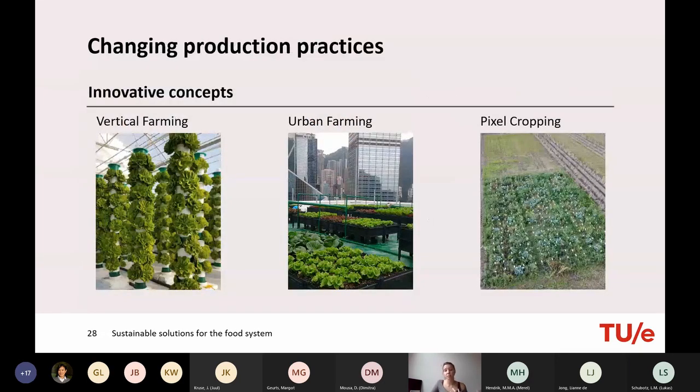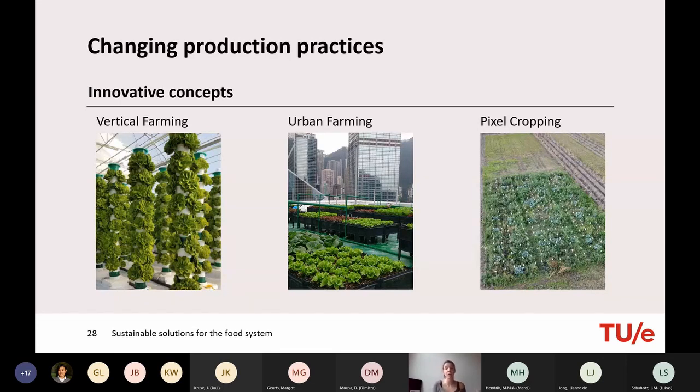So changing our production practices in agriculture, there's actually a lot of innovative concepts that are being developed, such as vertical farming, urban farming, and pixel cropping. A lot of these concepts allow us to use spaces better and also make it more flexible where we can grow our food.